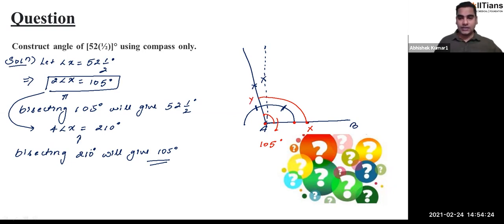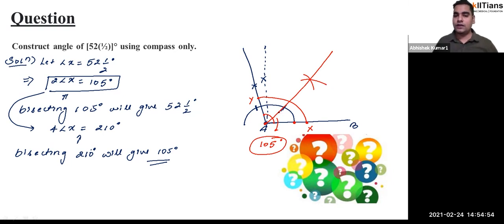So assuming x to be the center, by taking more than half of the length of xy, as we learned in how we bisect any angle, you have to mark one arc. Assuming y to be the center, you have to mark another arc of the same radius. Then you need to join point A to the point of intersection of the two arcs that we have drawn. Then the angle that we initially had, which was 105 degrees, got bisected into two parts.